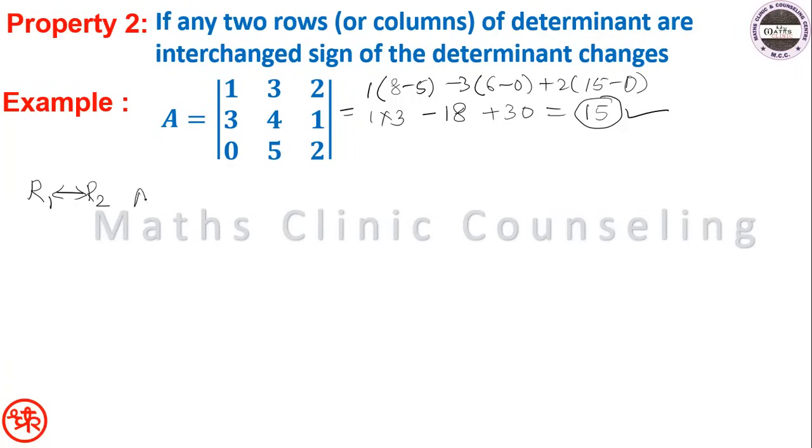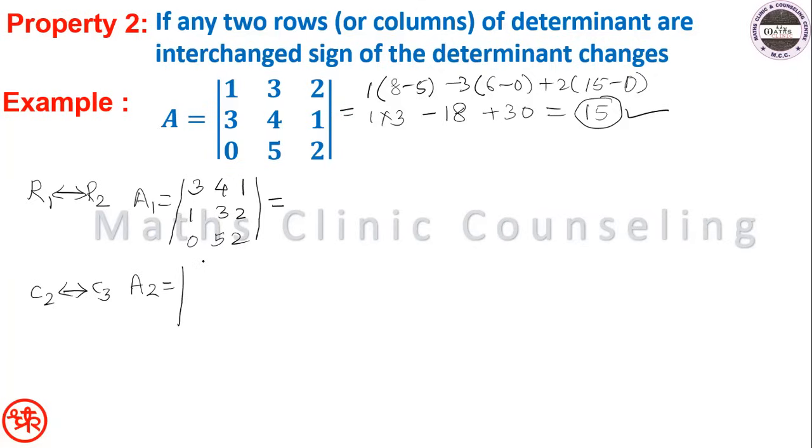So this implies you will get A1. What is A1? Changing R1 and R2, in place of R1 R2 will come and in place of R2 R1 will come: 1 3 2 and here 0 5 2. Is that clear? So you will get this. Similarly, let us discuss C2 and C3. C2 interchanged with C3, so you will get another determinant.